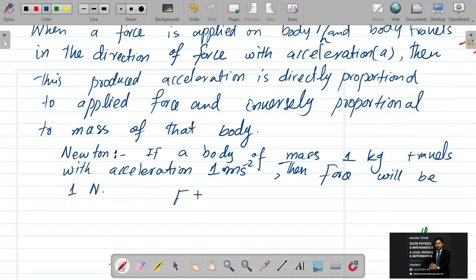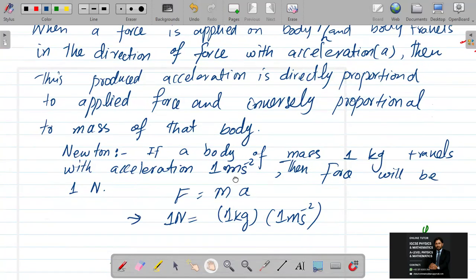Like F is equal to ma, where m is 1 kg and a is 1 meter per second square, then the force is 1 Newton. According to its definition, Newton should be taken as a vector quantity, and later on will be stored for this purpose.